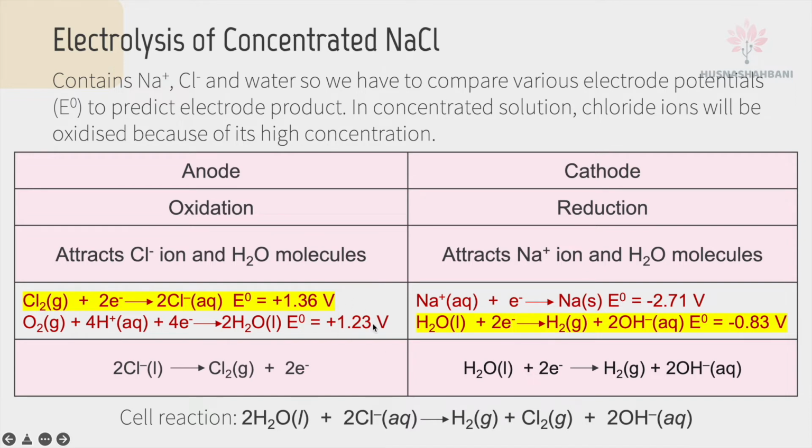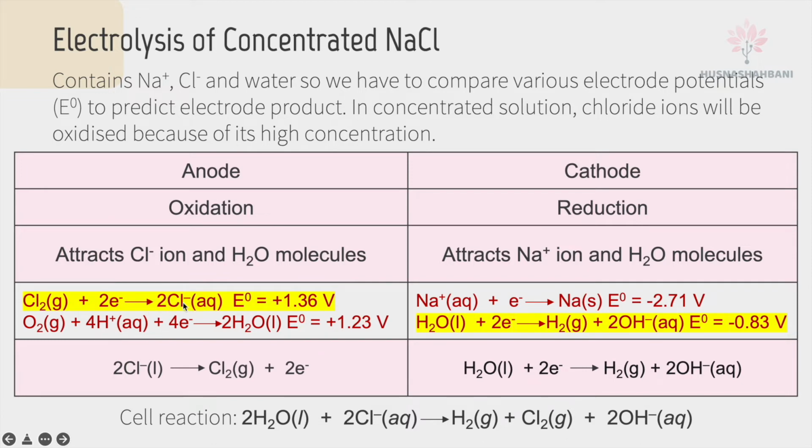Compare these two electrode potential. More negative will be chosen, water will be chosen, but here we don't choose water. Even though water is more electronegative, it will not be chosen because in the concentrated NaCl, the anion with high concentration will be chosen, which is this one.